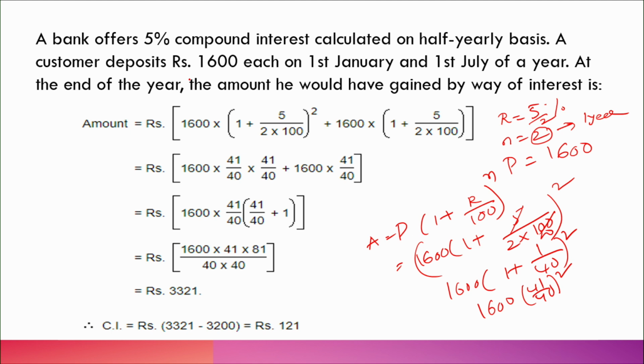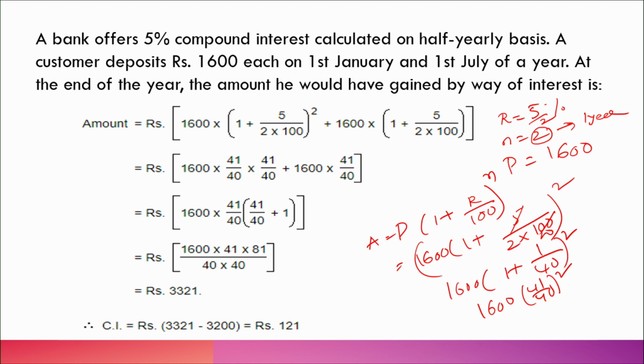For the first 1600 he deposited on 1st January, we are calculating the interest at the end of the year, means 31st December, for 2 half years. The next 1600 which was deposited on 1st July is for 1 half year, means 1 by 2. That is the reason it is 5 by 200, and here 1 plus 5 by 200 only. Do you understand this step?